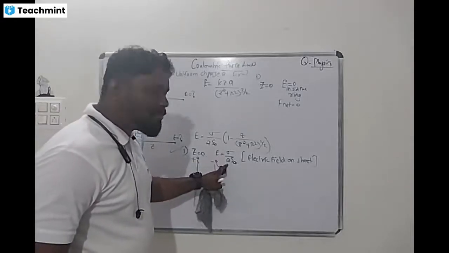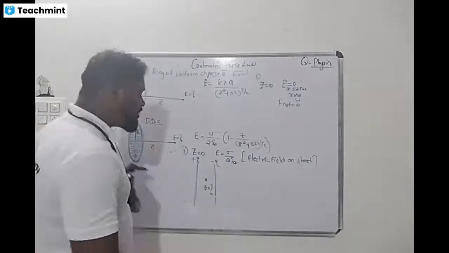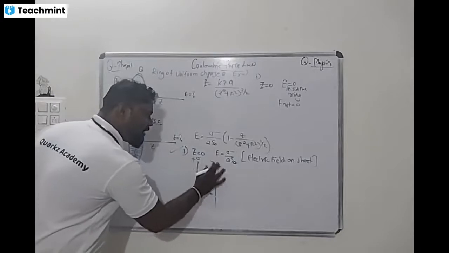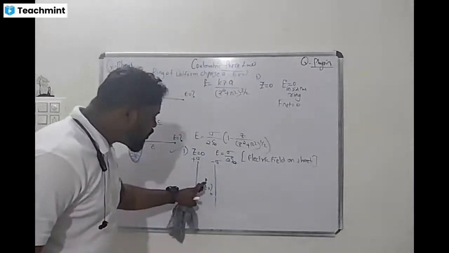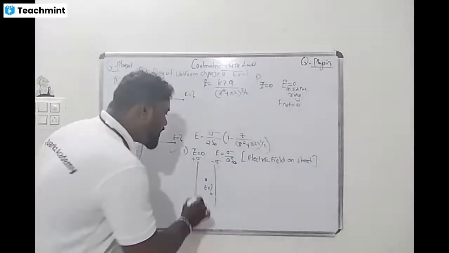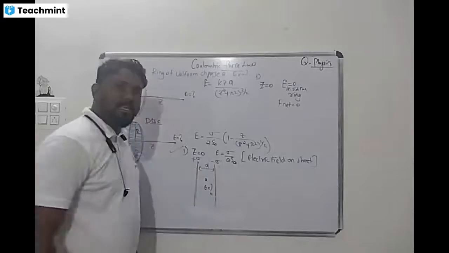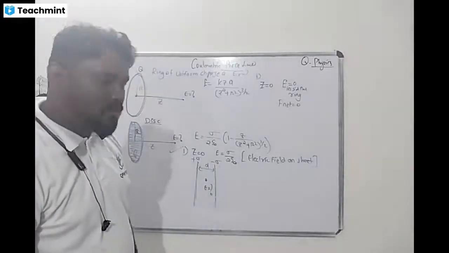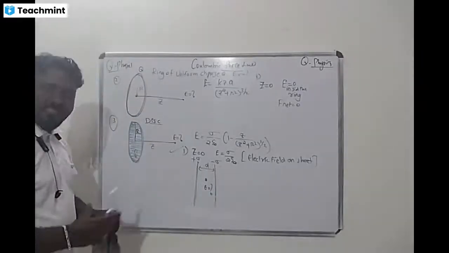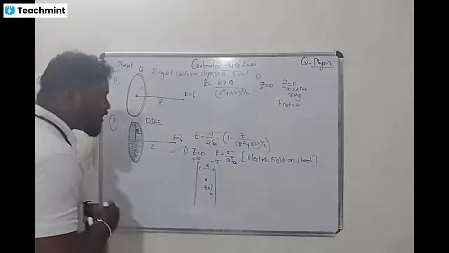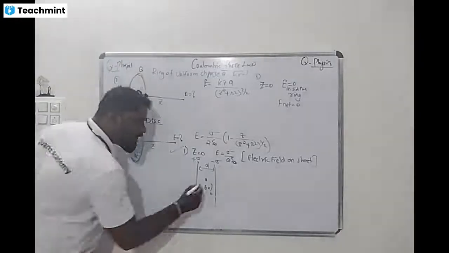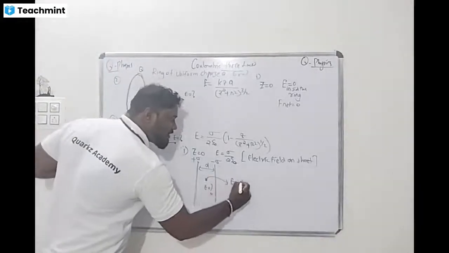E is equal to sigma divided by 2 epsilon naught. Now there are two sheets, with charge densities sigma and minus sigma. I am going to calculate the electric field at the center. The distance between these two is d. Is it clear? Sigma by epsilon naught. Yes, it is sigma by epsilon naught. We'll discuss that. So what will be the value in between? Sigma divided by epsilon naught.